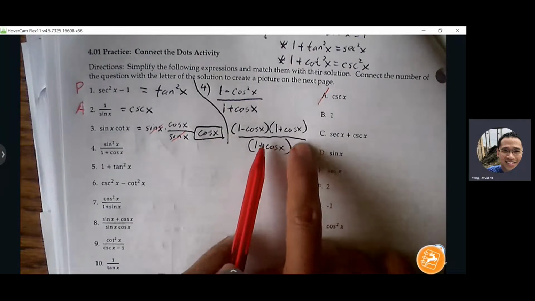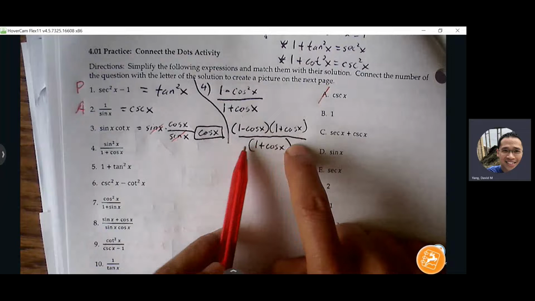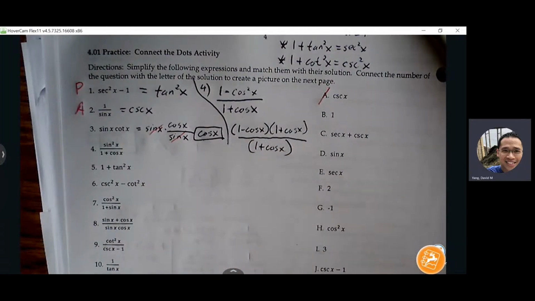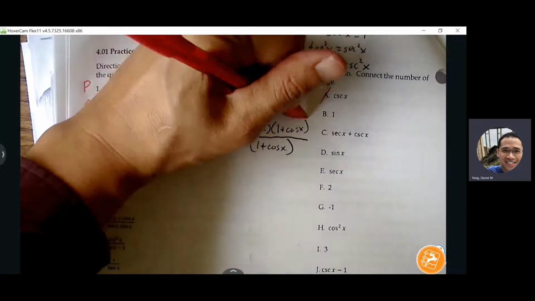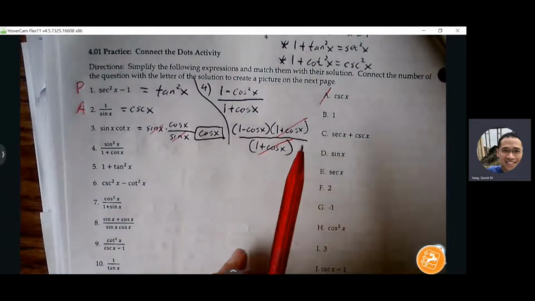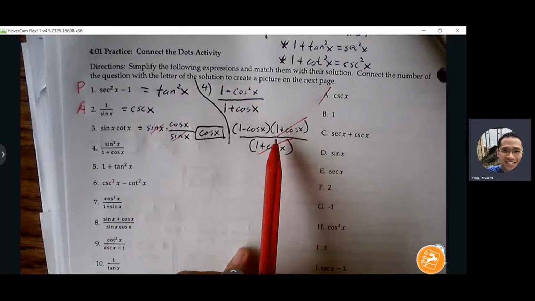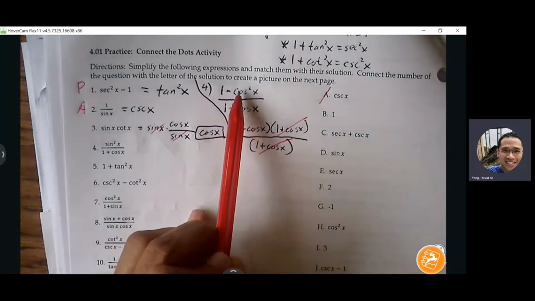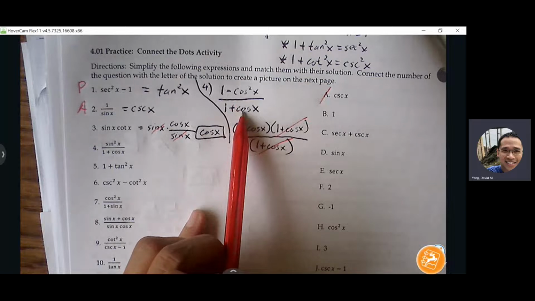Now we can cancel out. You see how these 1 plus cosine x are nicely separated with parentheses with no addition and subtraction connected to it? So now these are free to move or free to reduce. So do you guys see that distinction here? We can reduce these, but we can't reduce these.